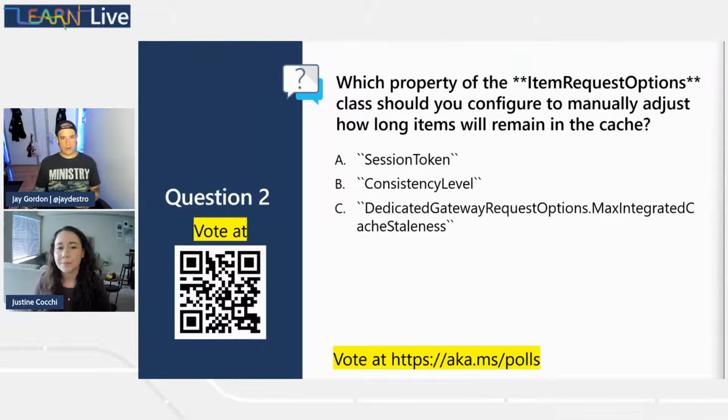So we've got our next question, and we're going to just put it up there for you for a second, let you head over to the QR code, let you navigate your browser over to aka.ms/polls. And then you can answer this question, which is, which property of the ItemRequestOptions class should you configure to manually adjust how long items will remain in the cache?